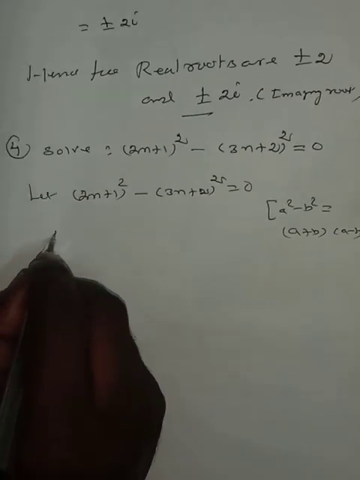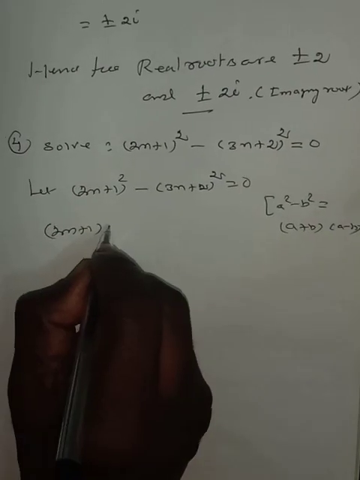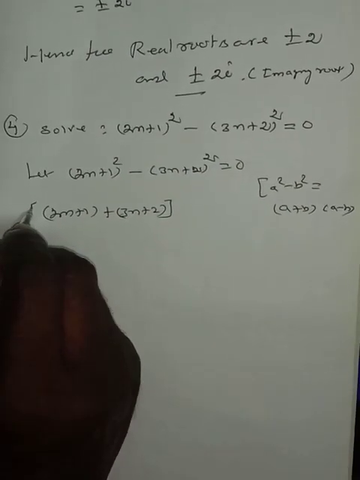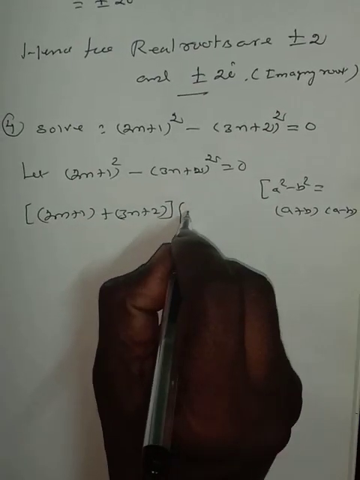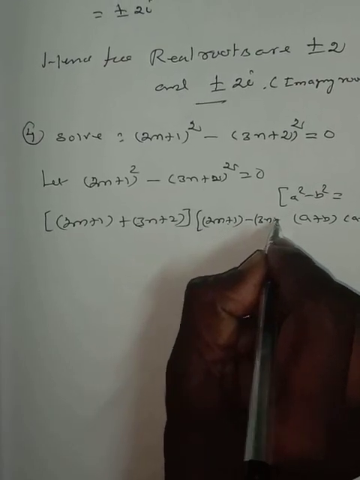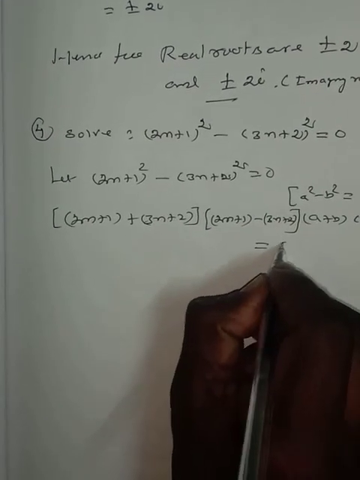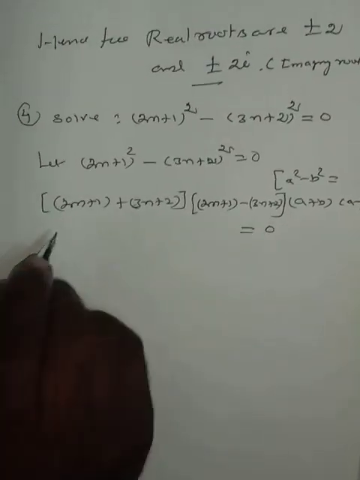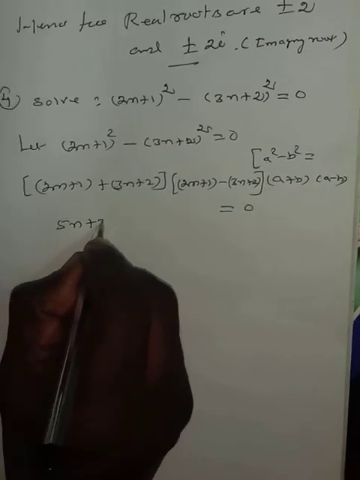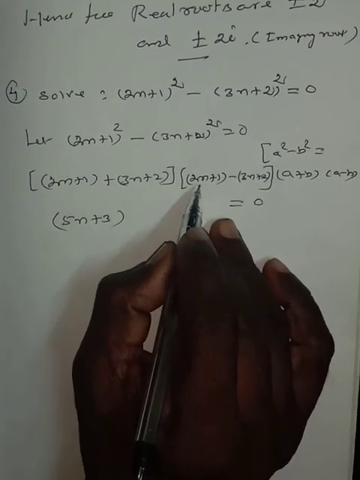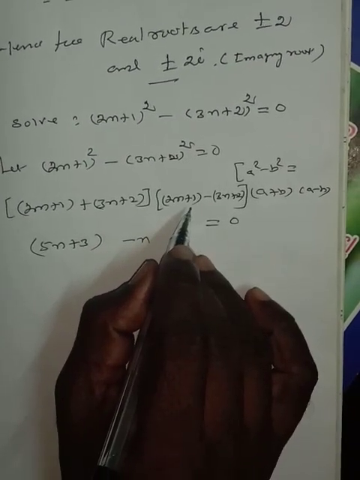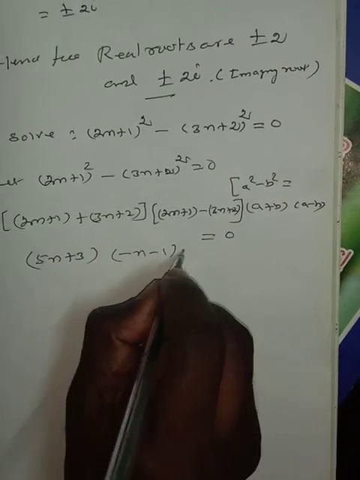So 2x plus 1 plus 3x plus 2, into 2x plus 1 minus 3x plus 2 is equal to 0. This means 5x plus 3 into minus x, next 1 minus 2 is minus 1, is equal to 0.